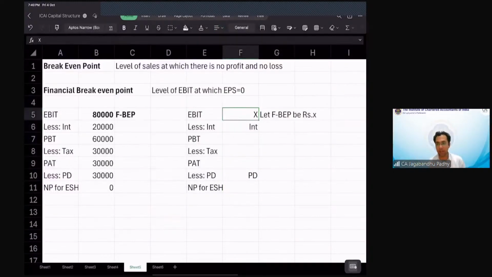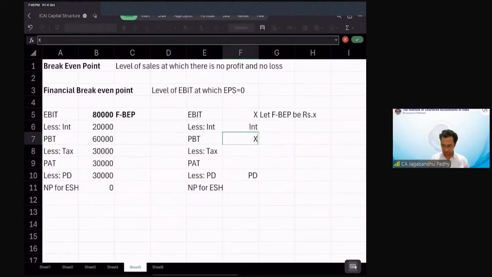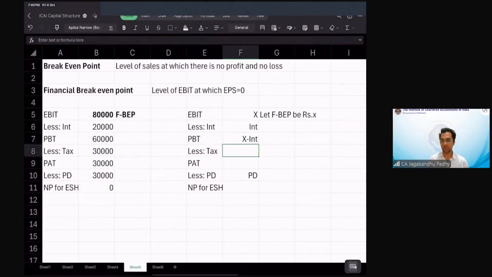Now, X minus interest, what will be coming over here? PBT. What will be the profit before tax over here? Can I say it will be X minus interest?